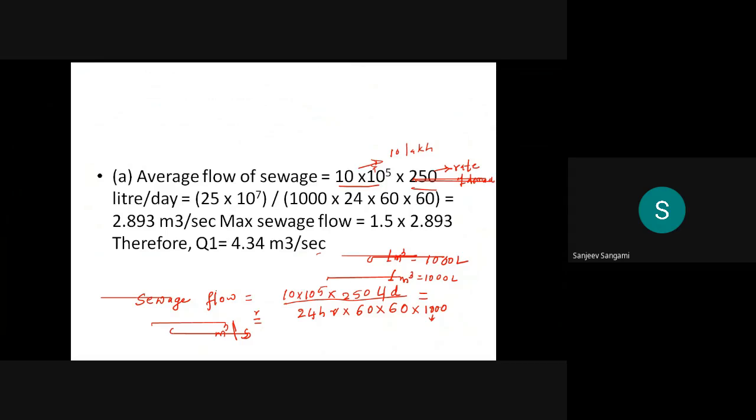That is why I am dividing by 1000 here. Once you do that, you will get the value 2.893 meter cube per second.